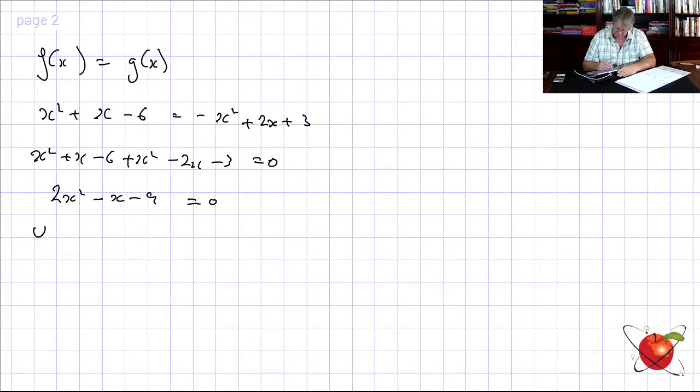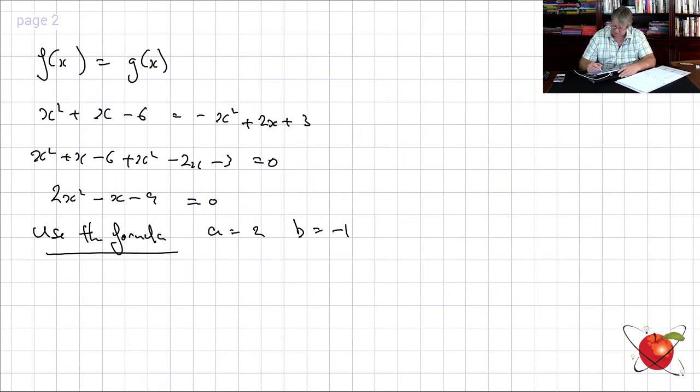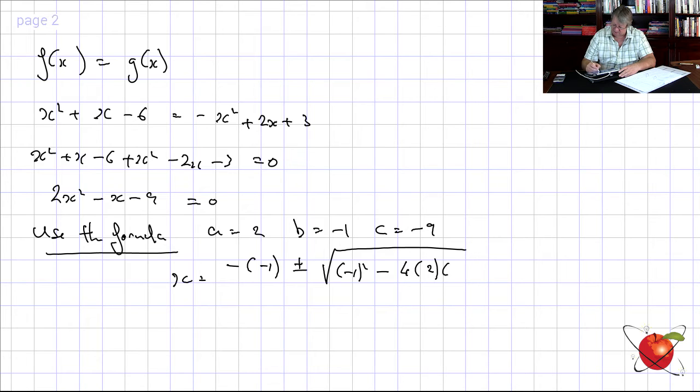Now, for those of you who've got the calculator, you would solve that, and you'd get roots that are not nice, happy little numbers. So we use the formula, okay? Therefore, A is going to be equal to 2, B is minus 1, C is minus 9. Remember, you extract A, B, and C. Then we put into the formula, x is equal to minus b, minus 1, plus or minus the square root of b squared, minus 1 squared, minus 4a c, 2 times minus 9, all over 2a.